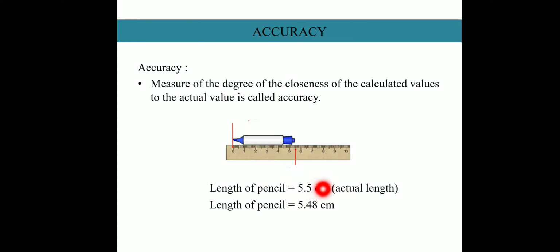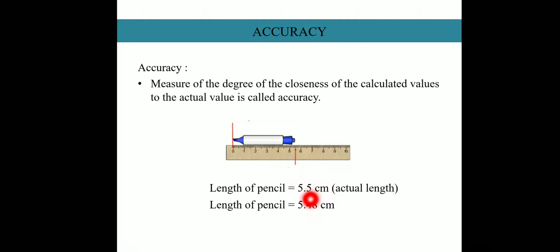So the length of the pencil is given as 5.5, and when we measured it, it came to be 5.48. If you see, both values are very close to each other. If we just add 0.02 to the lower value, it will become 5.5, or approximately we take 5.48 as 5.5 as per the rule of mathematics, right?